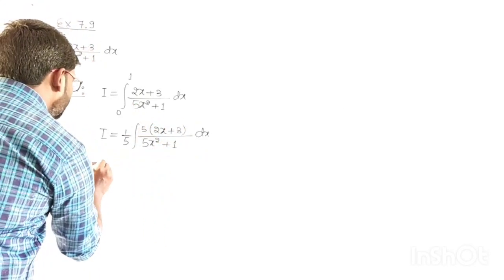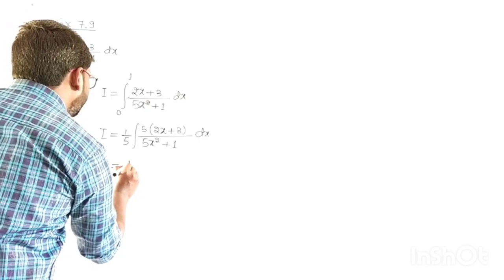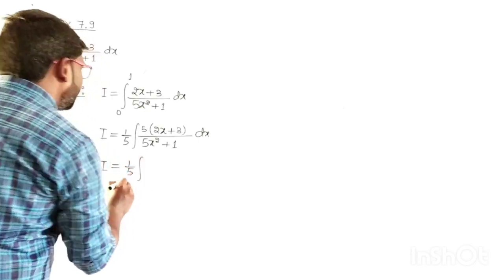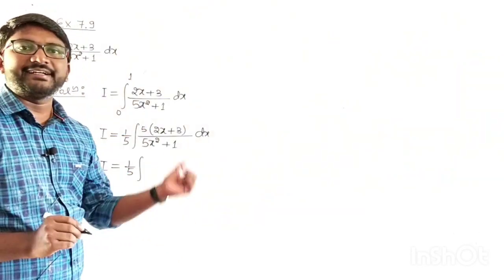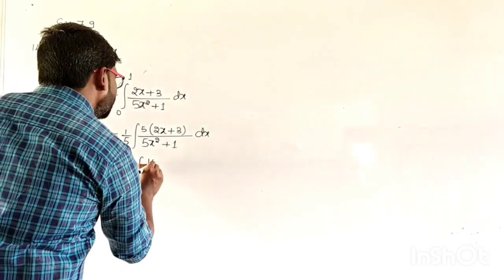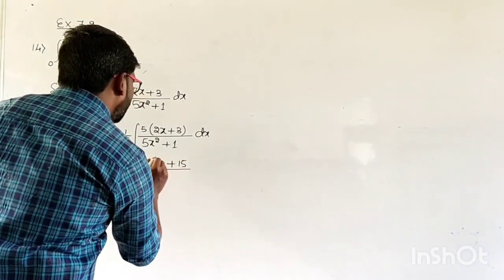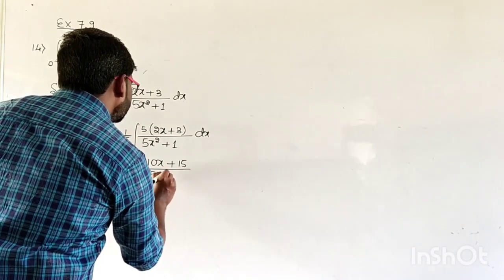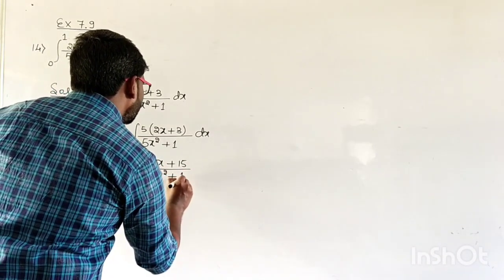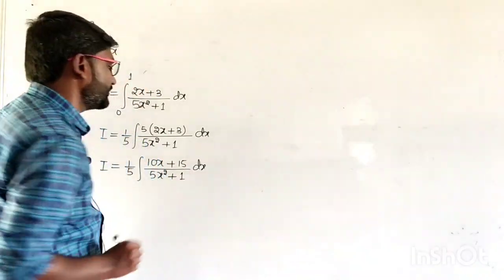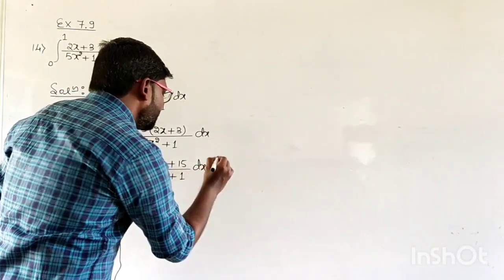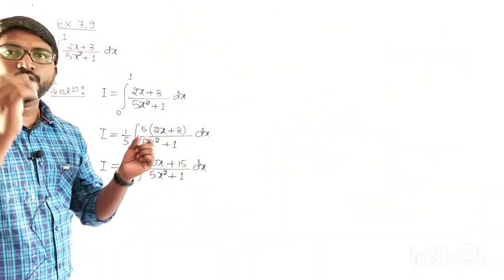I is equals to 1 by 5 integral. So 5 into 2x is 10x plus 15 divided by 5x square plus 1 dx. So now see here, now split this into two terms.